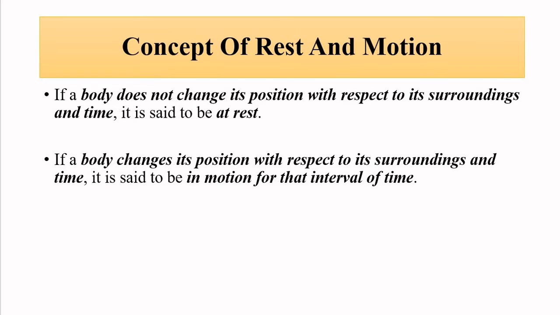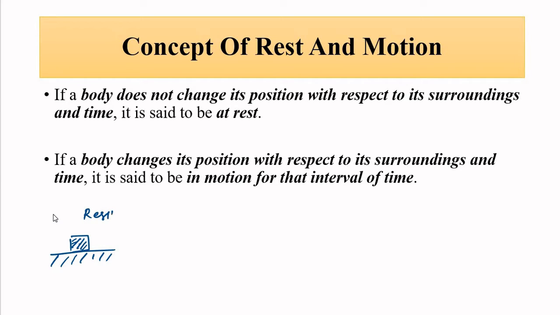Now, in a simple way, how can we say that an object is at rest or in motion? If an object does not move in any direction, then it is at rest.